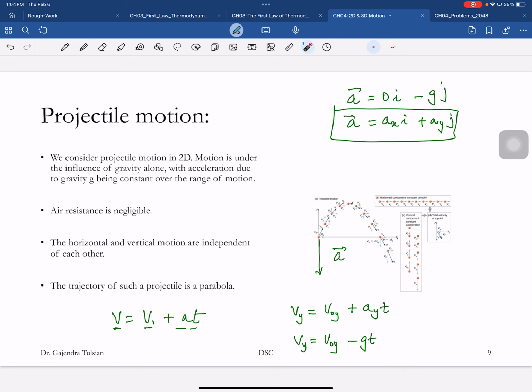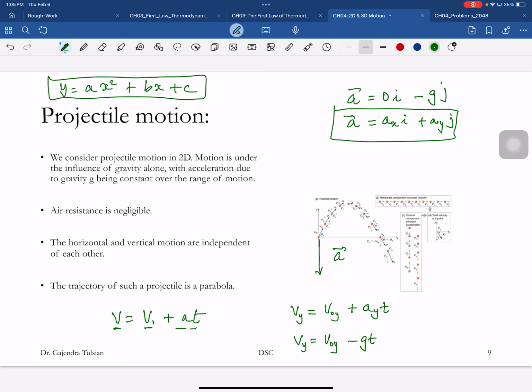Now what we'll show you is that this trajectory is a parabola. How would we show that? The y coordinate of this trajectory is a quadratic function of the x coordinate of this trajectory. You know from your calculus classes that the graph of a quadratic function is a parabola.